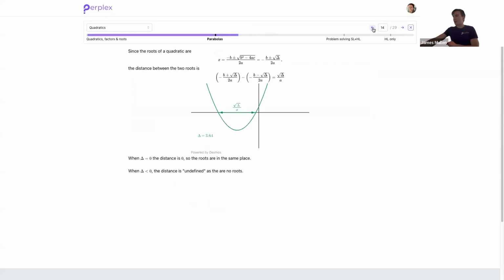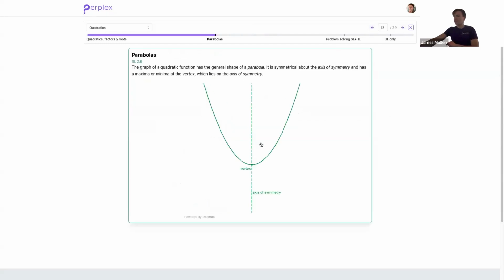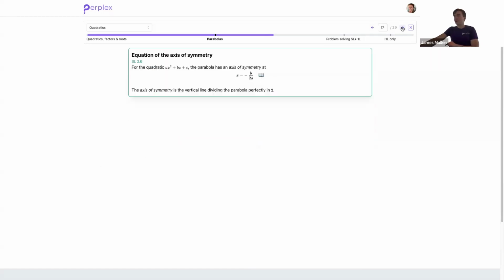I talked about a second ago how a parabola has an axis of symmetry. It's the line that goes through the vertex, and it basically is the mirror line of the parabola. And the mirror line, if you think about it, has to be halfway between the two roots when there are roots. And so if you actually do that, you'll figure out that the equation of the axis of symmetry is x equals negative b divided by 2a.